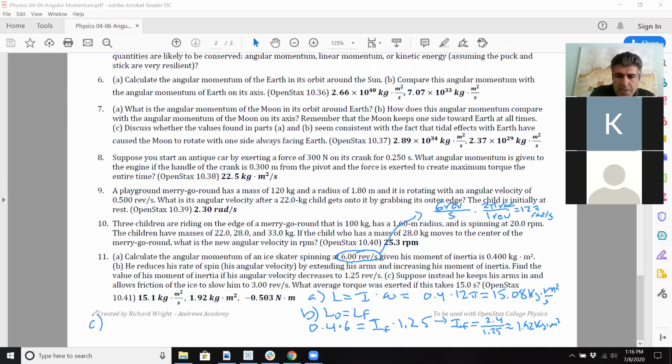suppose he keeps his arms in and allows the friction of the ice to slow him to 3 revolutions per second. What average torque was exerted if this takes 15 seconds? So we do have to calculate the momentum first. I'm guessing the moment of inertia will still be the same as before.